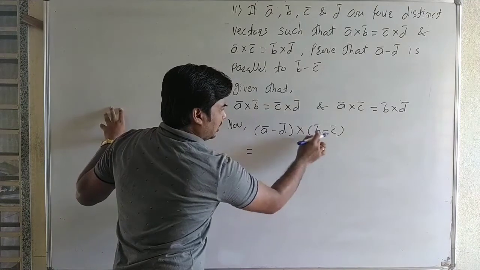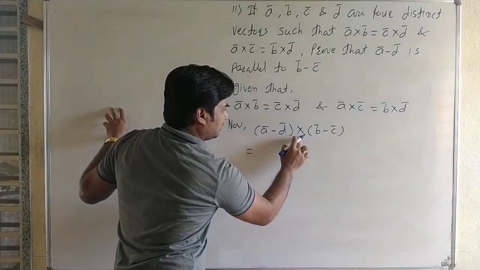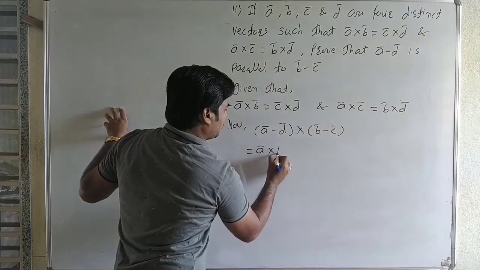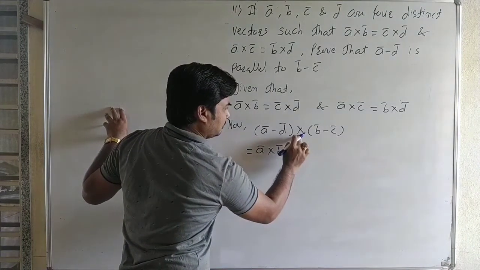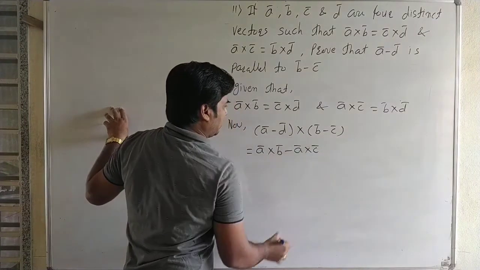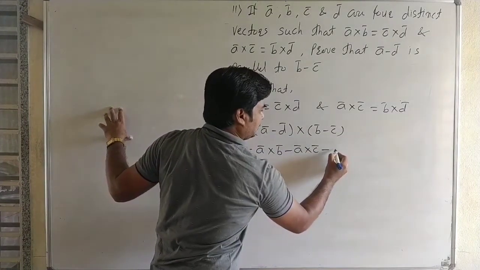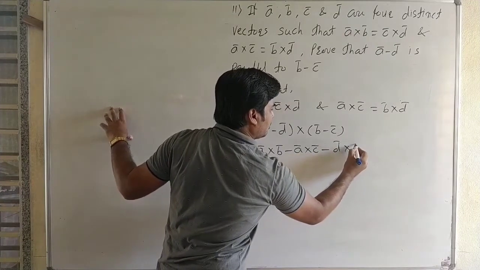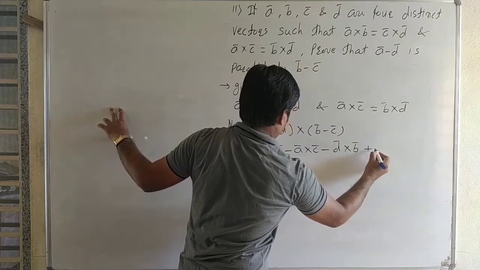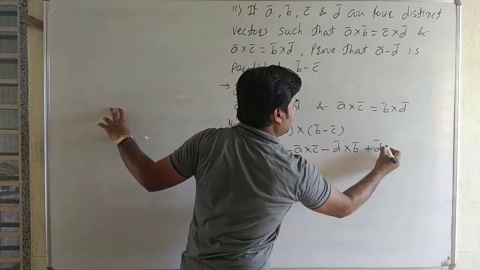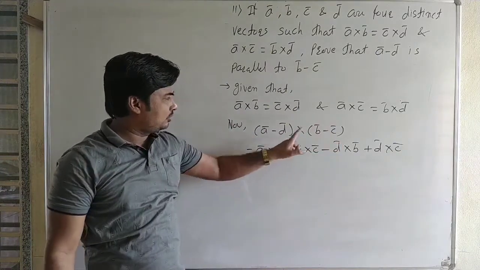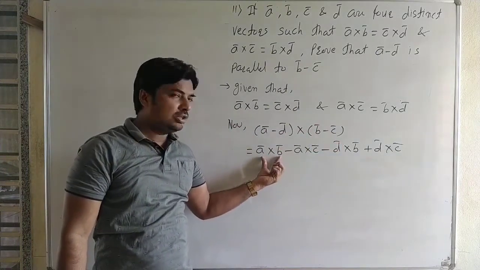It is equal to a bar cross b bar minus a bar cross c bar minus d bar cross b bar and lastly plus d bar cross c bar. It is a simple straight multiplication of two brackets, but it is a cross product.